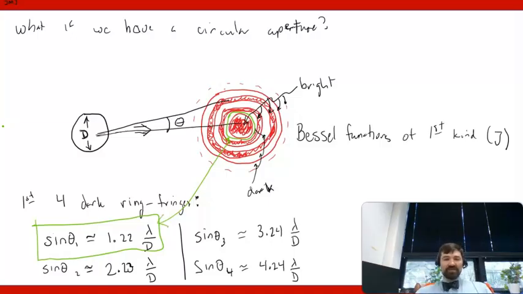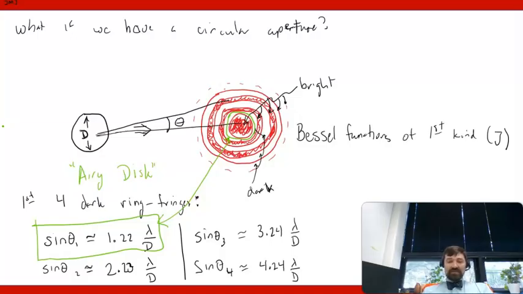That's what's sometimes called the Airy disk. It's named after an astronomer from the Royal Astronomical Society who discovered that this was a thing.